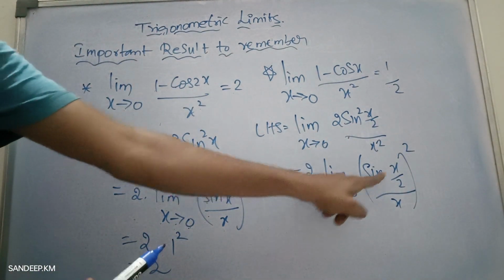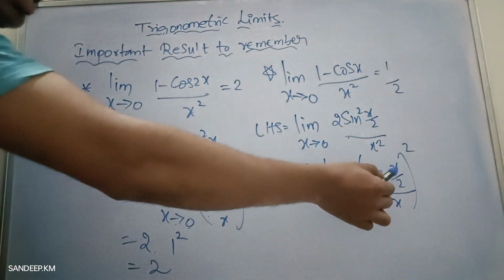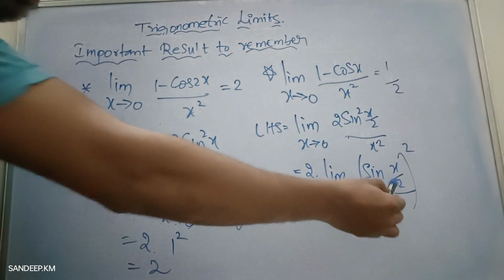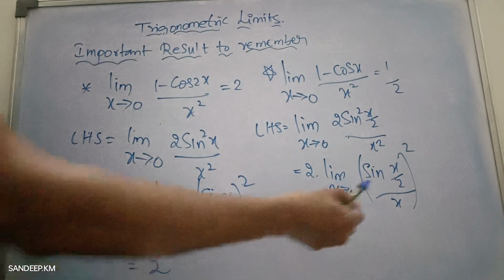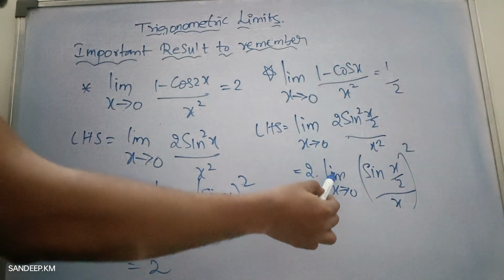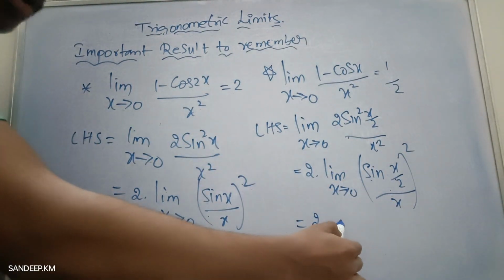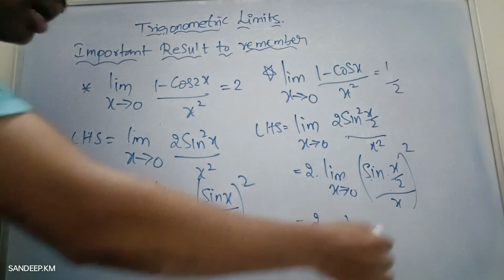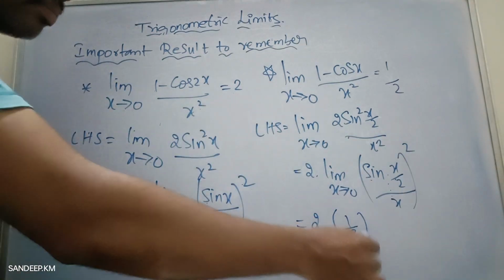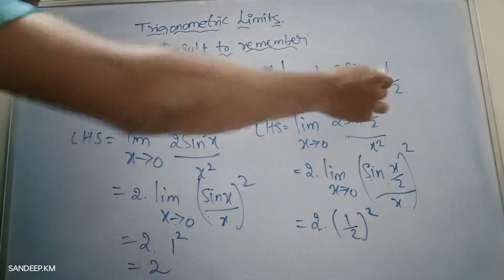This is in the form of sin kx by x. What is k value here? X coefficient. K value is 1 by 2. So 2 into, we know that limit x approaches 0, sin kx by x is k. And what is that k here? 1 by 2. And observe 1 by 2 whole square. So you will get how much? 2 into 1 by 4. The answer is 1 by 2.